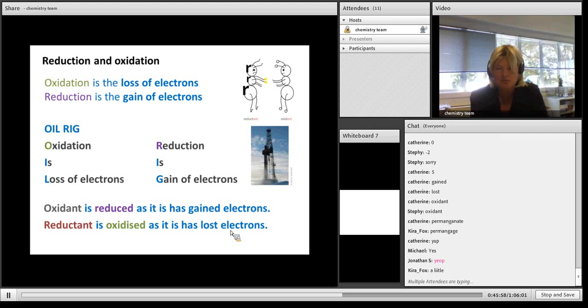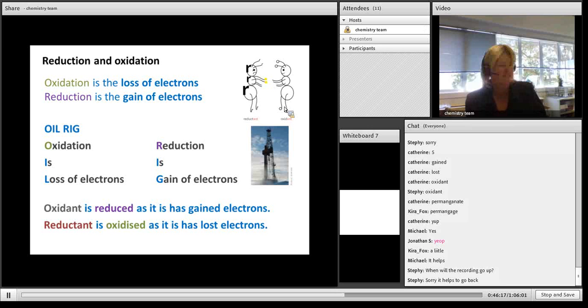Or are people very confused? Quite a few times, a little. Okay. So I find it's easiest if you remember reductant and oxidant first, and then you just think of sad and happy ant, and those are the reacting species, and then think of the oil rig.